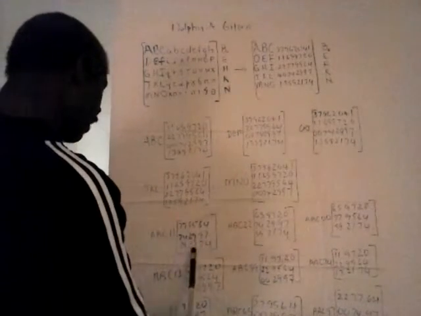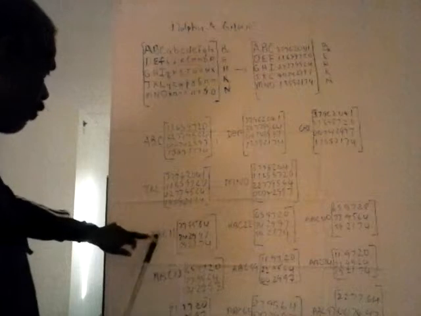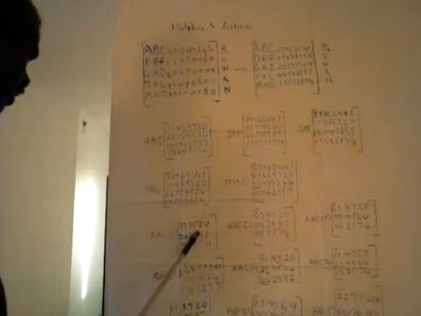So the output would be ABC 11, 29, 77, 97, ABC 11, 29, 77, 74, ABC 11, 29, 64, 59, ABC 11, 29, 74, 77, and ABC 11, 29, 59, 64.